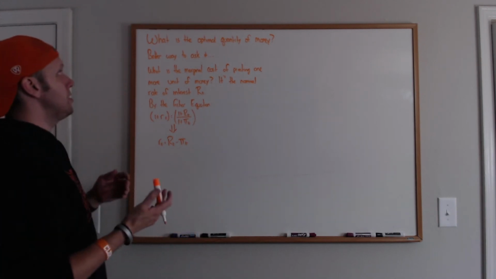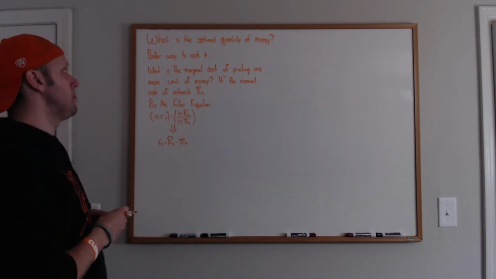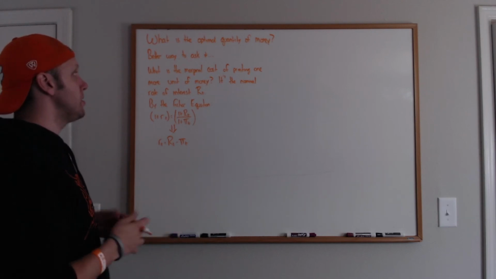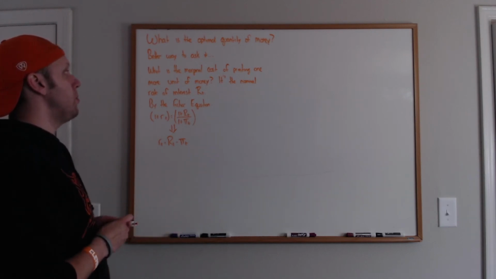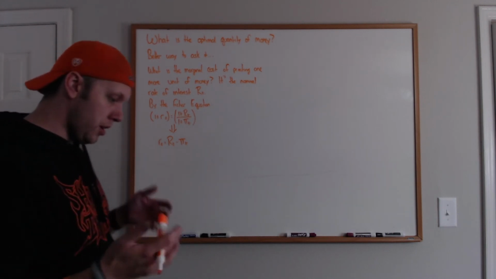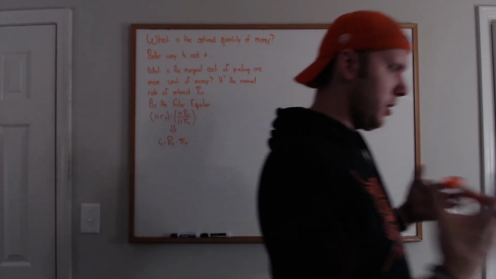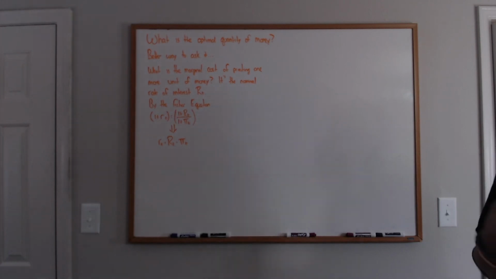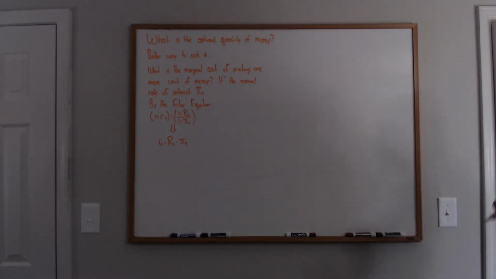Milton Friedman asked, what's the optimal quantity of money? Like I said, the better way of asking it is, what's the marginal cost of printing one more unit of money? Well, if that marginal cost is the nominal interest rate, the question then comes down to, what is the nominal interest rate supposed to be equal to?